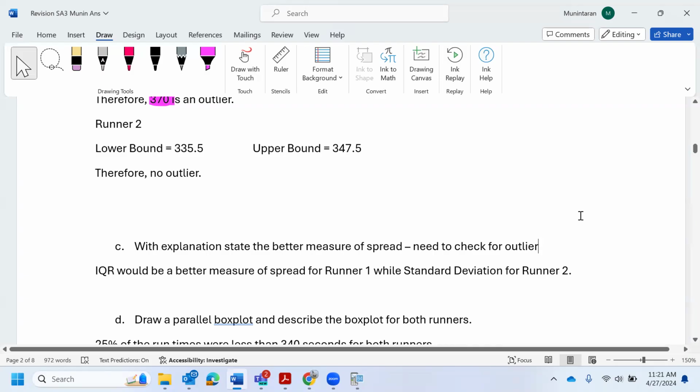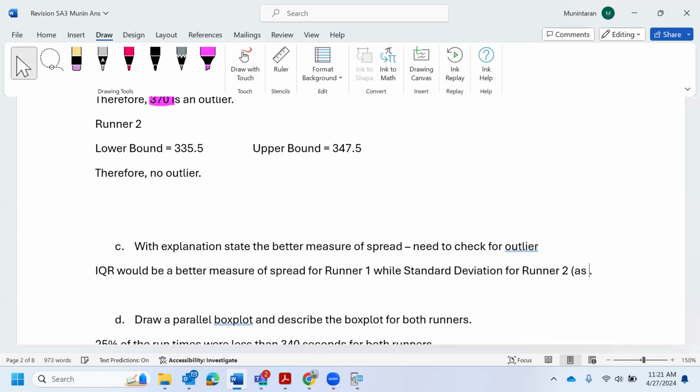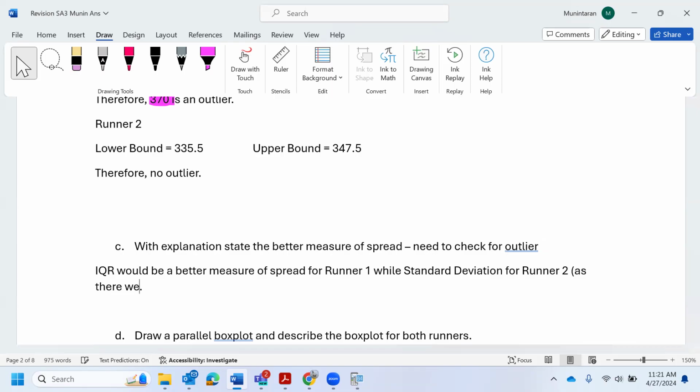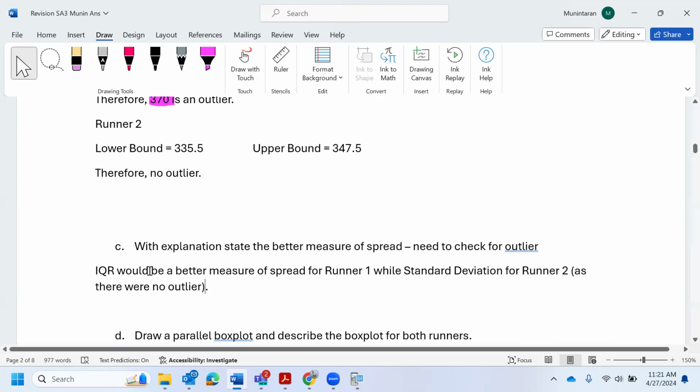Why standard deviation for runner two? Because runner two has no outlier. When you don't have an outlier, standard deviation would be a better measure compared to IQR. Range is definitely not, because it is maximum minus minimum, so it will definitely be worse than IQR.